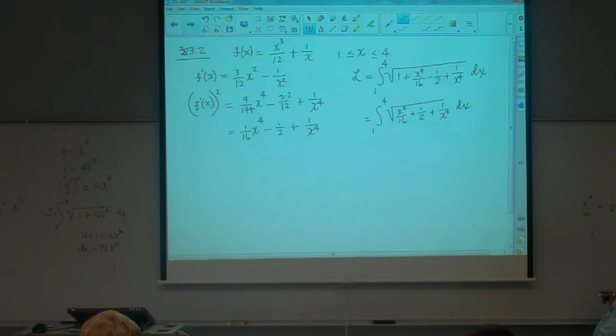So this term has just got to be x squared over 4, and this term has just got to be 1 over x squared. Everybody agree?